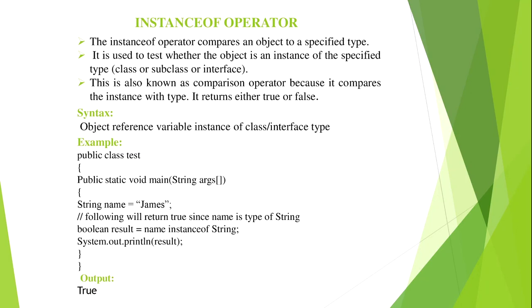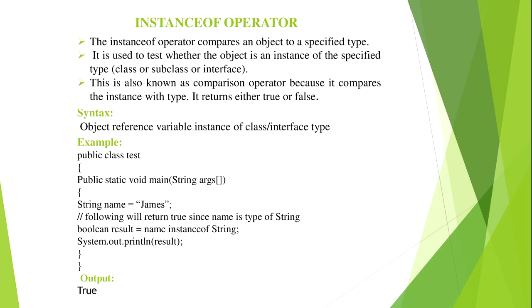That's why it is also known as the comparison operator, because it compares the instance with the type. Instance means the object, and the type includes the class, subclass or the interface, and it returns either true or false.